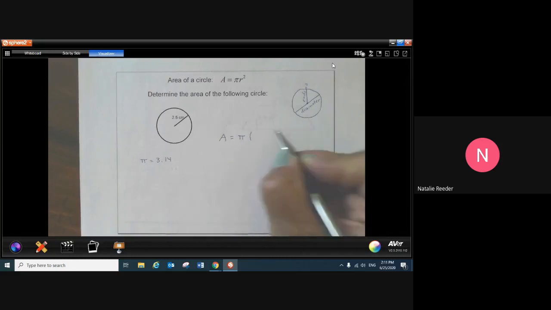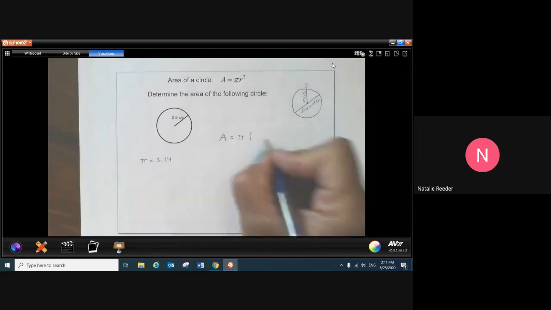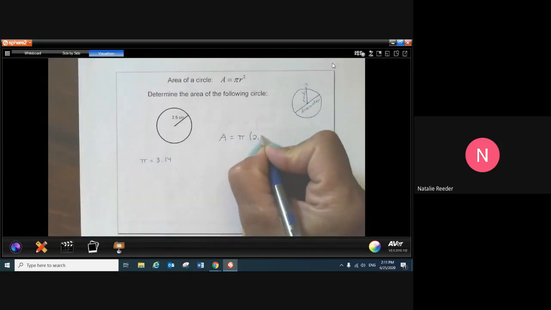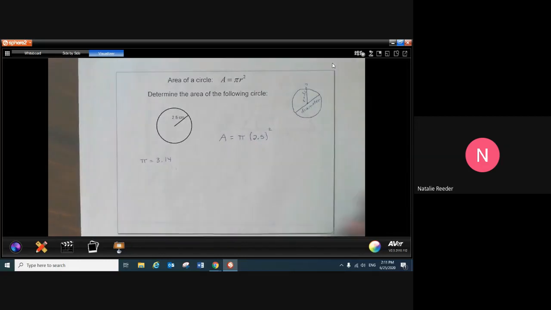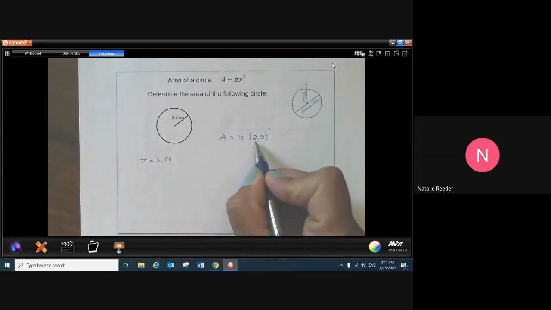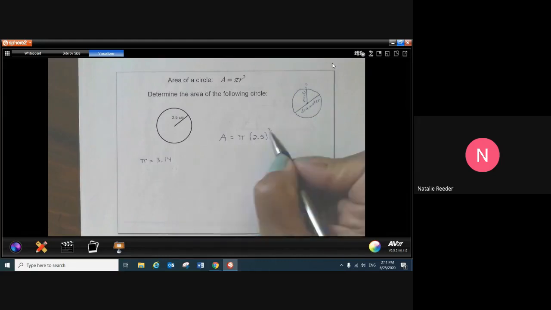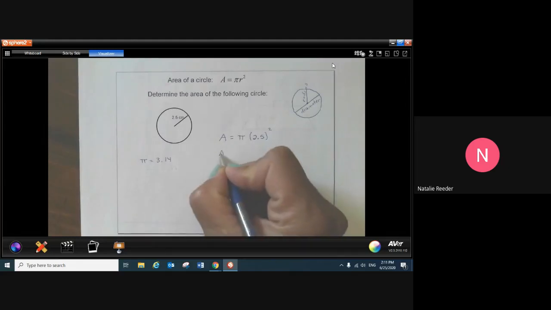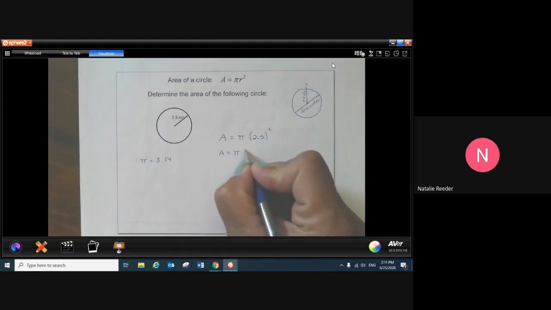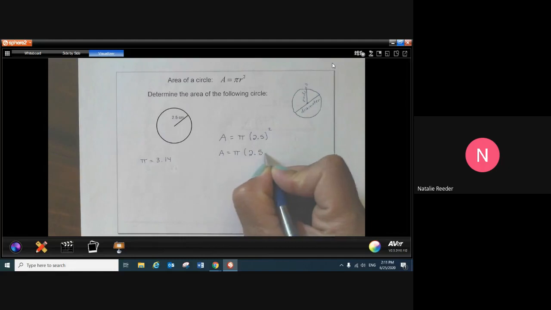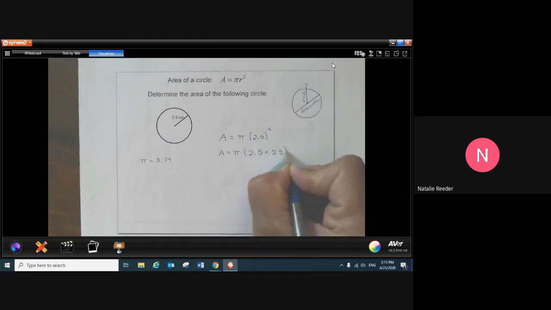Now, our radius is 2.5. I have written pi times 2.5 squared. Remember, 2.5 squared is not the same as 2.5 times 2. It's actually 2.5 times itself, 2.5 times 2.5.